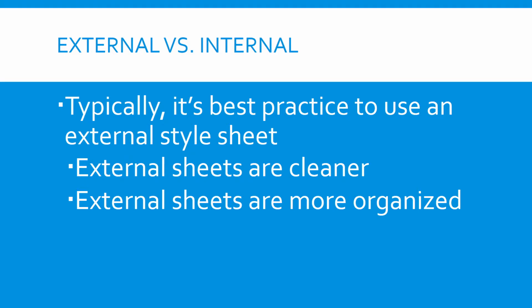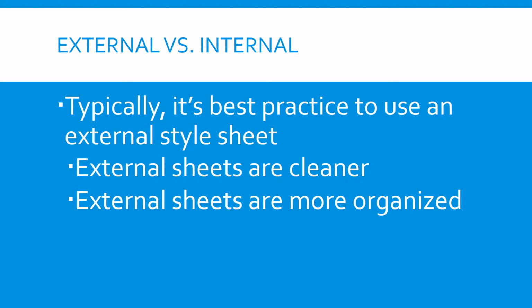A couple use cases of when to use each. It really boils down to simplicity. If you have just a few rules like we showed and demoed here with our internal CSS, that's the best time to use an internal style sheet. When you have 1, 2, 3 rules, it doesn't take up a lot of space. Typically, you're going to have 4, 5, 6 rules, especially if you have a lot of content on your sites.